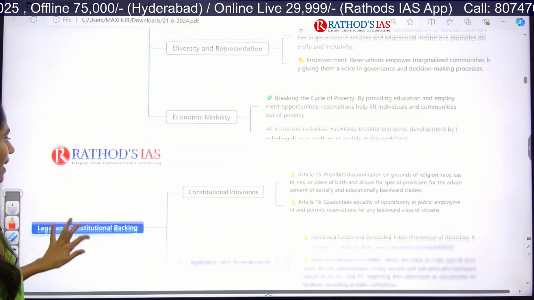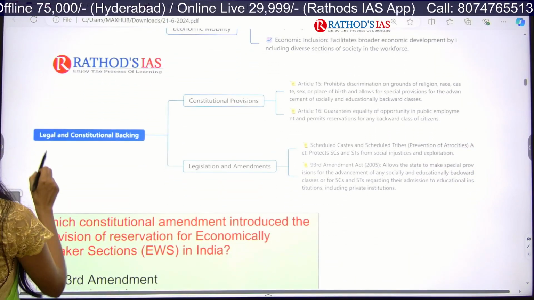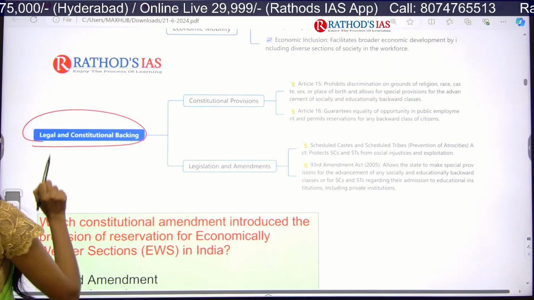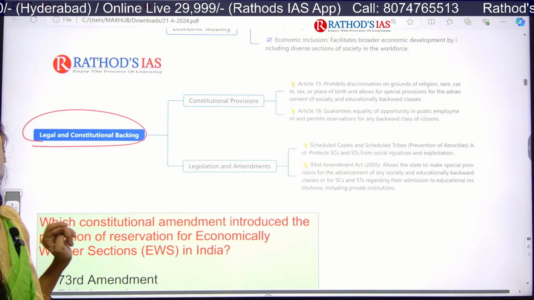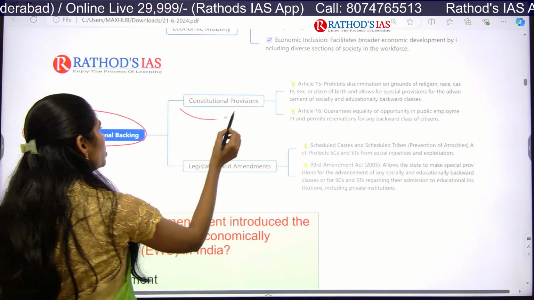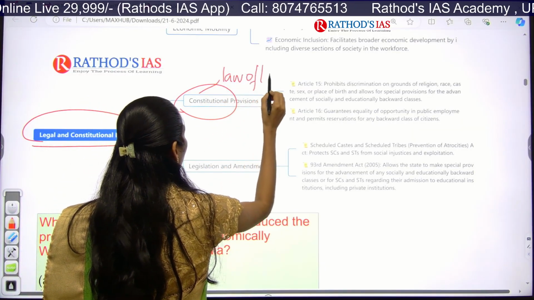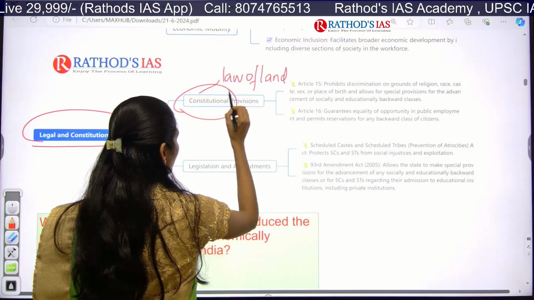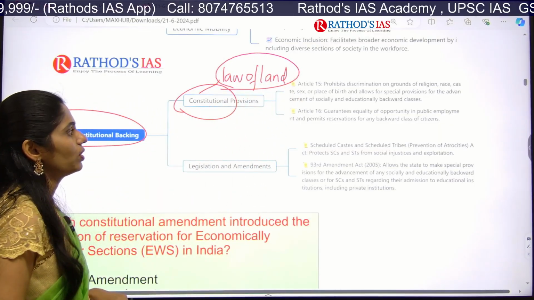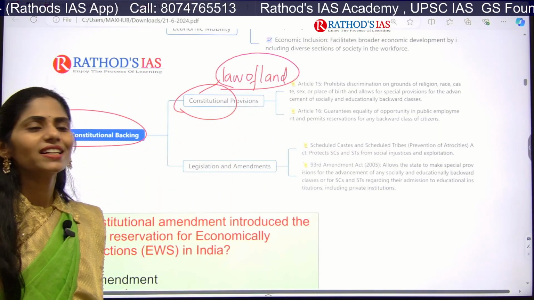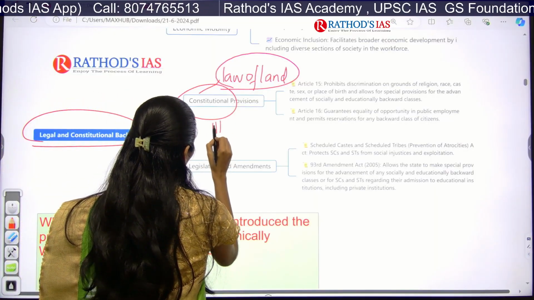And the next mind map is regarding the legal and constitutional backing of reservation in India. Yes, in our constitution, which is nothing but the law of the land, there are some provisions which talk about reservation. Those are present in Part 3 of our Indian constitution.